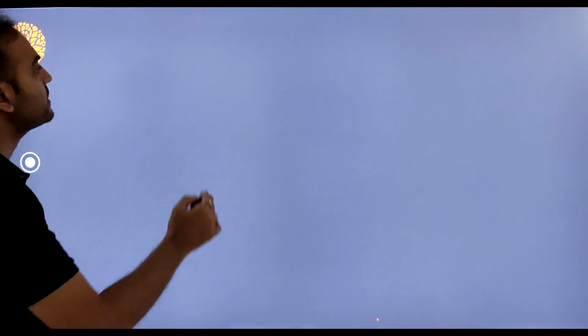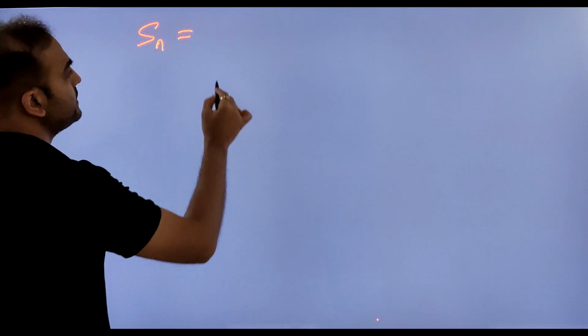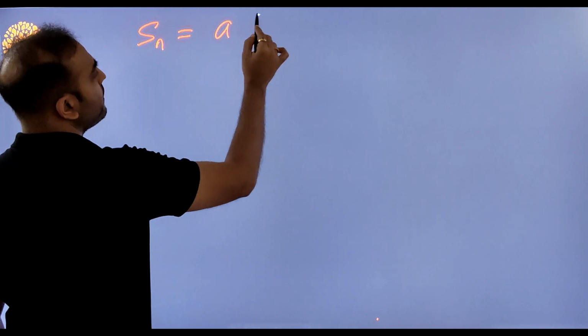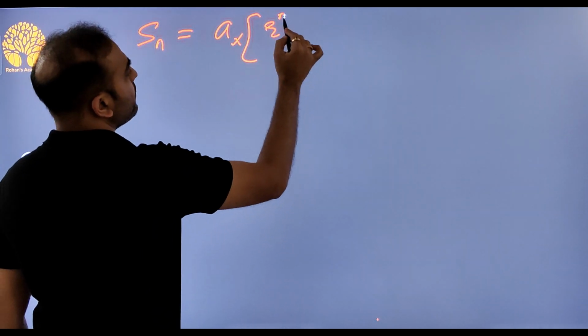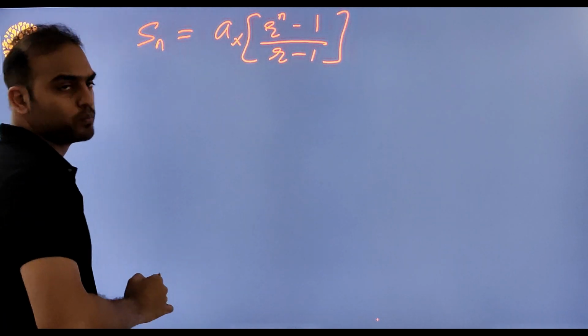Now, the way we had the sum formula there, similarly we have a sum of n terms formula. The sum of n terms of a series is simply given by a times r power n minus 1 by r minus 1.